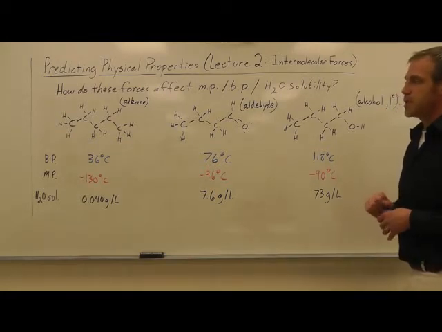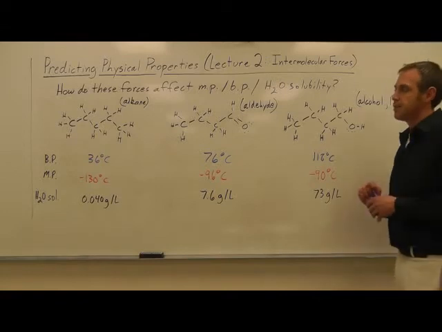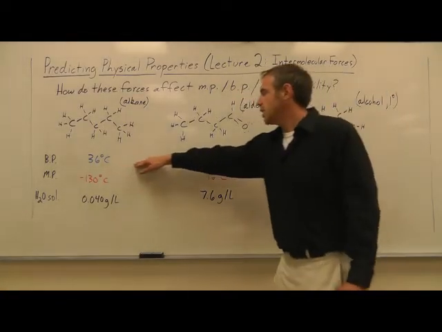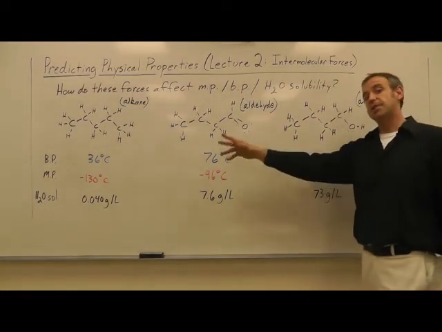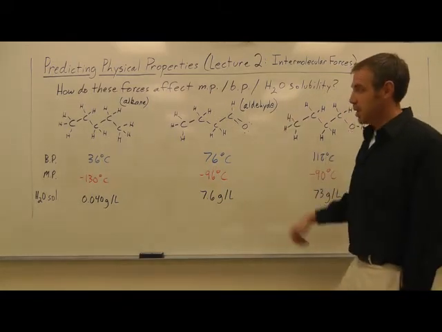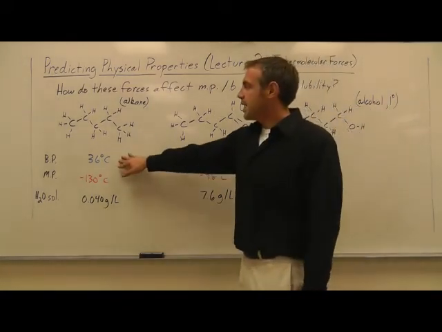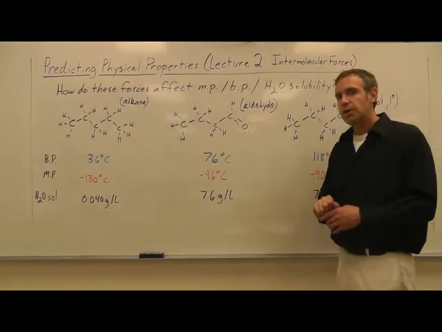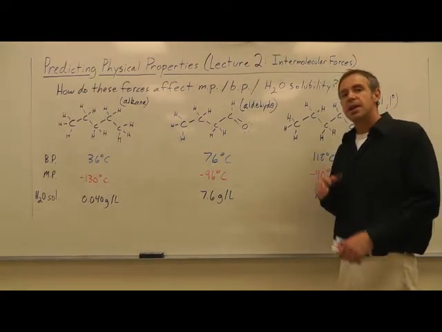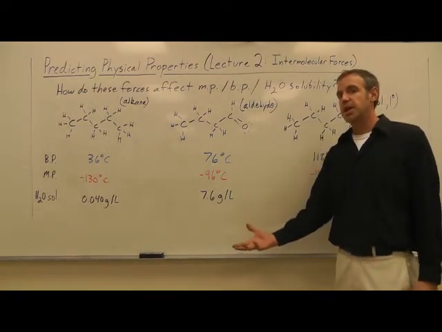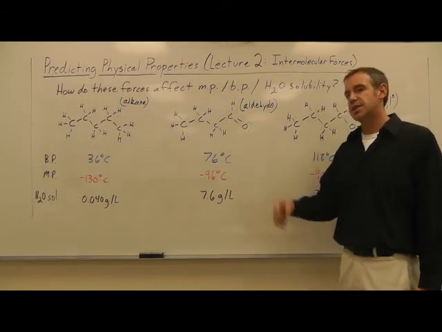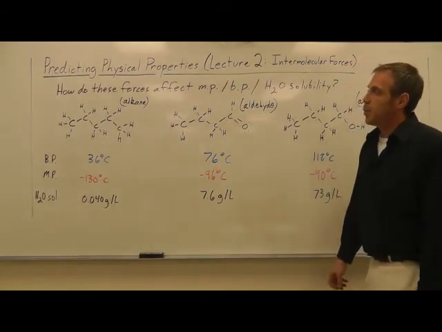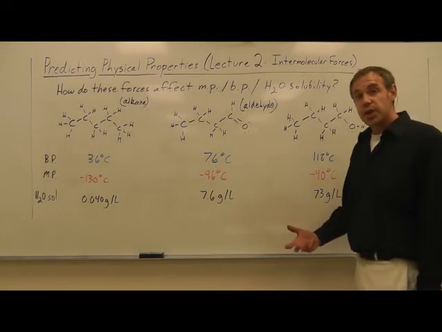If we look first at the boiling point data, we can see that it's increasing from left to right. Well, what does that mean? Well, in order to get something to boil, that means we're going from the liquid phase to the gas phase. And so it takes energy to do that.